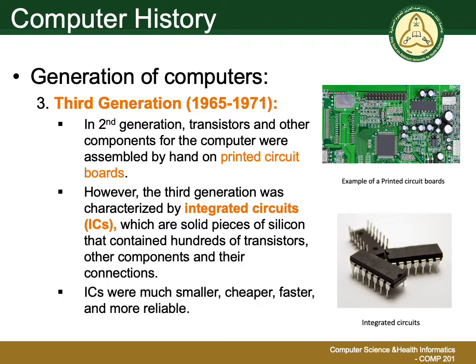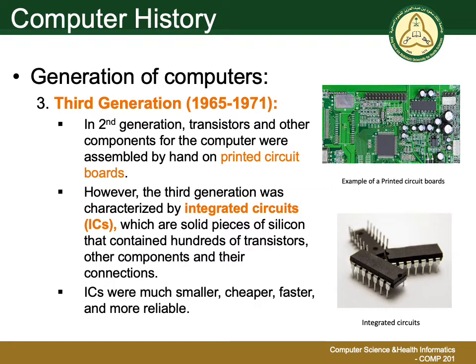Scientists were using their hands to build a circuit, like the motherboard. As you can see here in front of you, by hand on printed circuit boards, on big boards, they used their hands to build it.